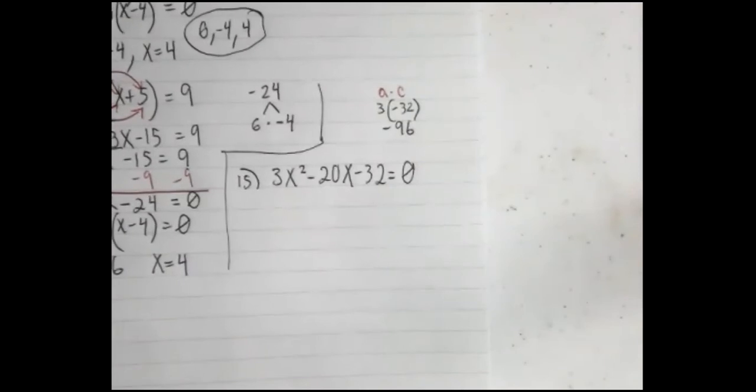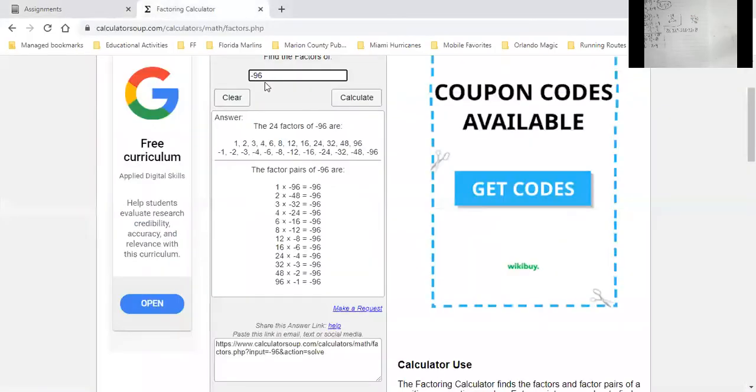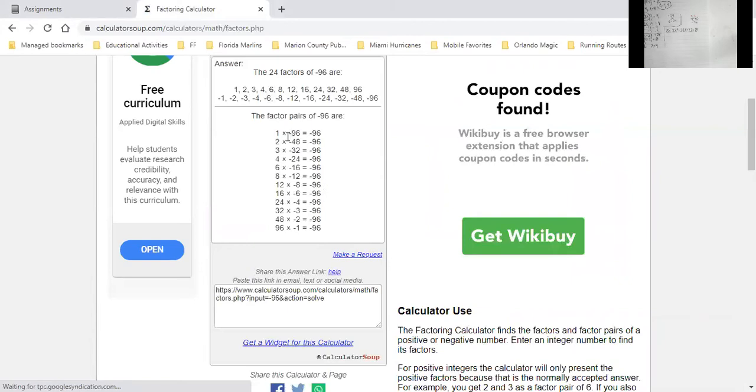So usually at that point I just go right to that website, and I think I already had it in there from when I did it before. So I put in negative 96, calculate, and it'll give me all the factors of negative 96.